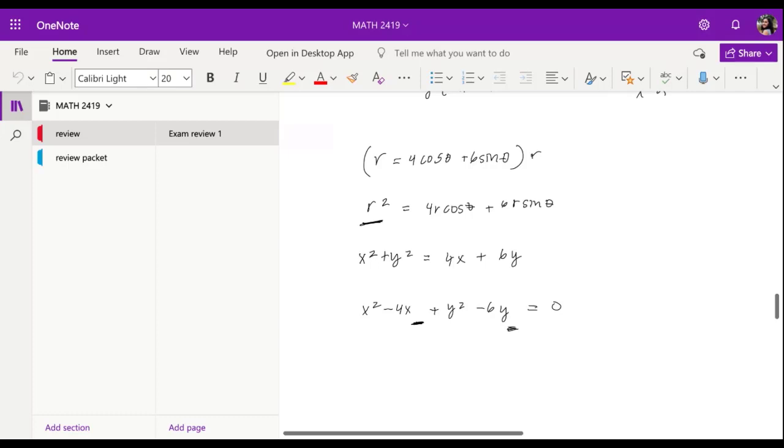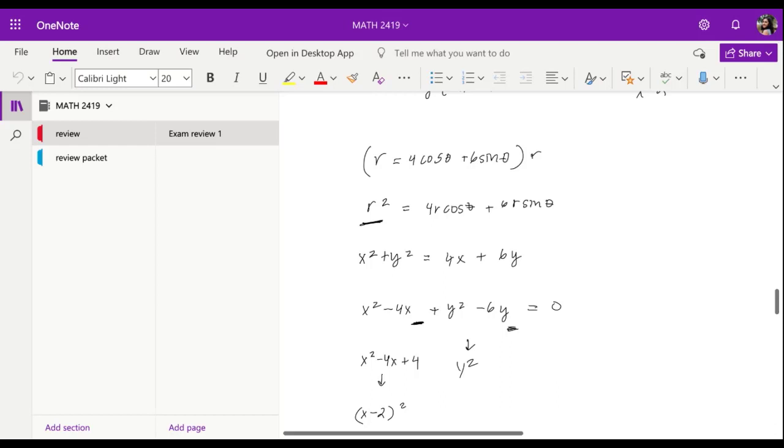So for completing the square for the first one, x squared minus 4x, in order to complete the square, you have to add 4, which then transfers into x minus 2 squared. I would also recommend brushing up on how to complete the square so that you do know how to do that for the exam. And similarly for this one, you have y squared minus 6y.